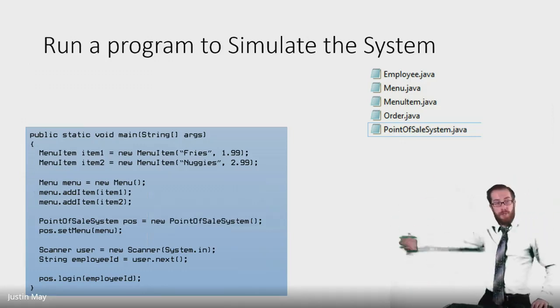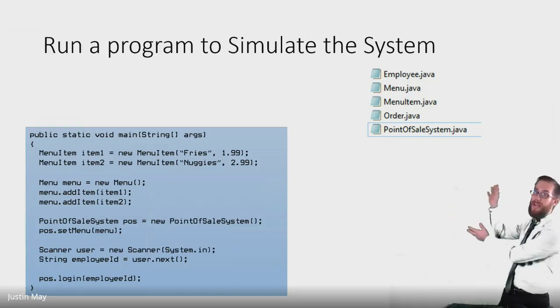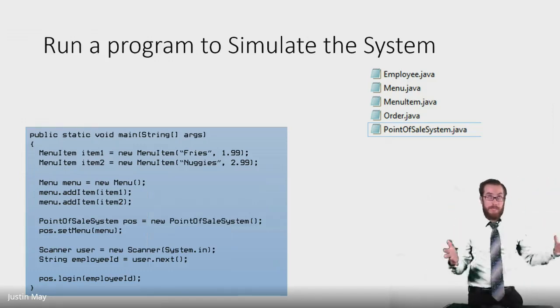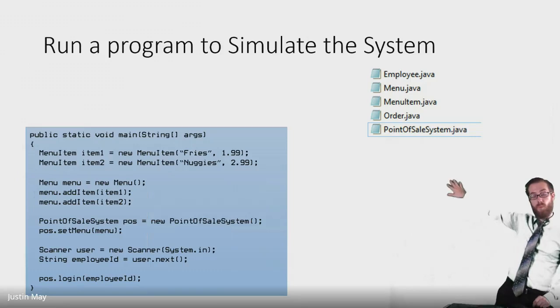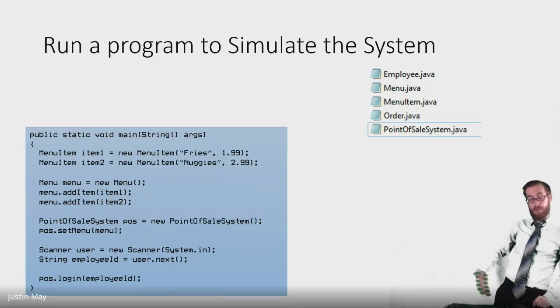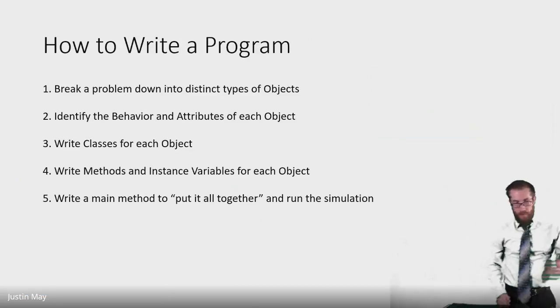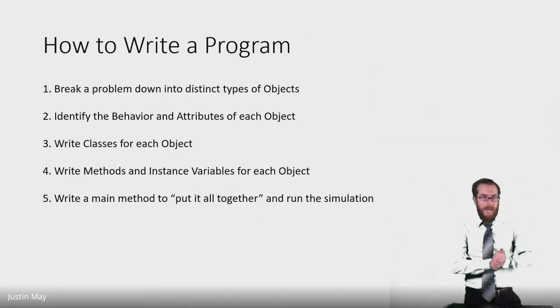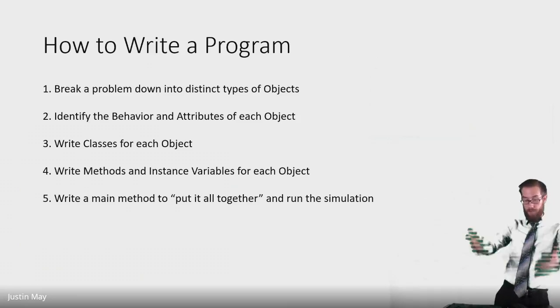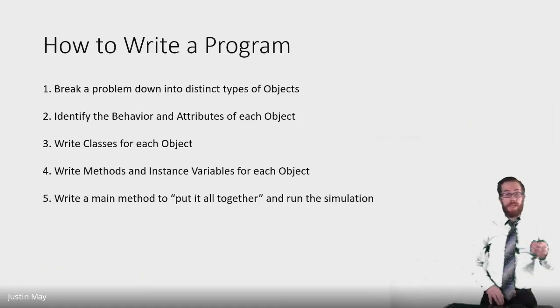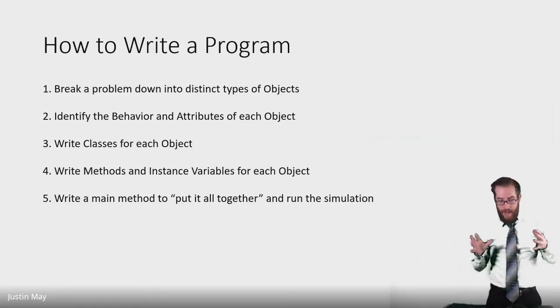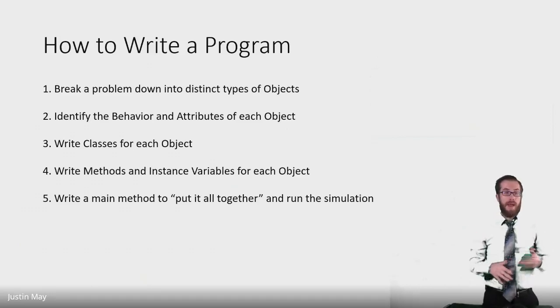But before you can do the main method, you'd have to actually decompose the problem into objects and then define what those objects can do and what they know. What are their behaviors? What are their states? So if you're trying to write a program in Java, how do you do it? You've got to think of the problem you're trying to solve and break it down into objects. What are the different objects in this problem? How do they interact with each other?